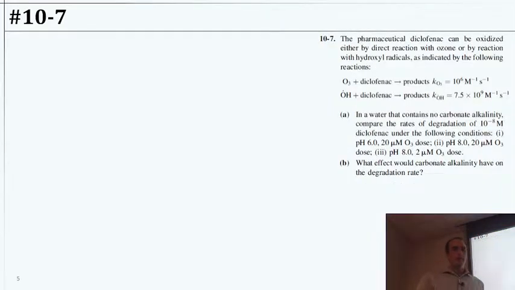All right, so 10.7, this is the one that was most similar to example 10.14. So that's part of why I brought that up. We have a pharmaceutical, diclofenac, that can be oxidized by either direct reaction with ozone or by reaction with hydroxyl radicals as indicated by the following reactions.